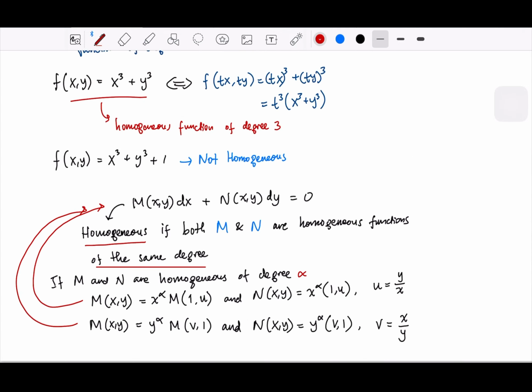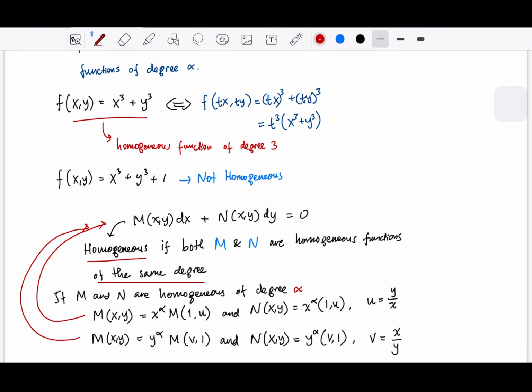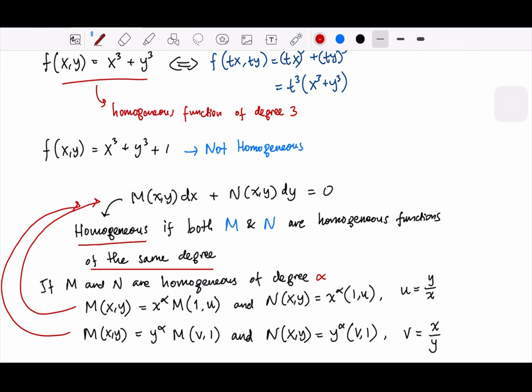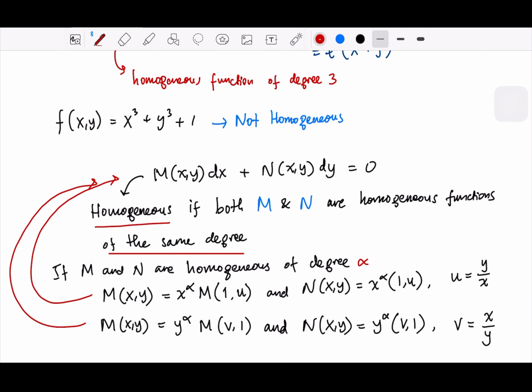So each one will make a new structure. Maybe let me wait for a couple of minutes. You can write for a moment. Okay, it seems like why we are doing this.